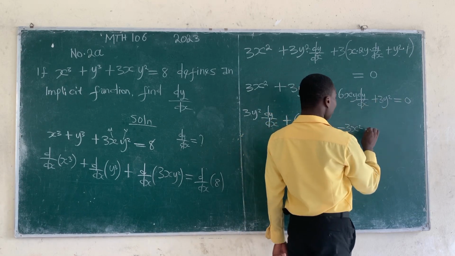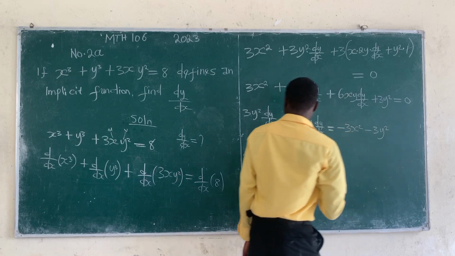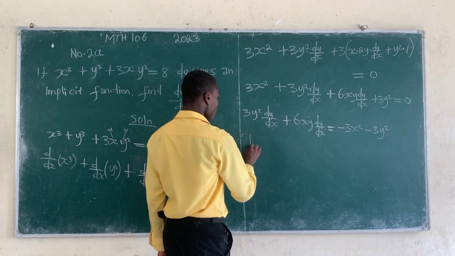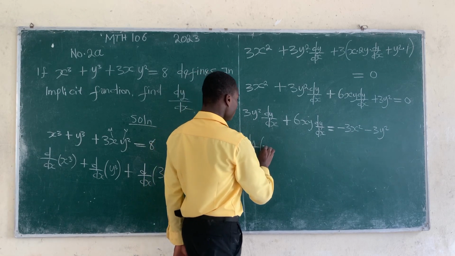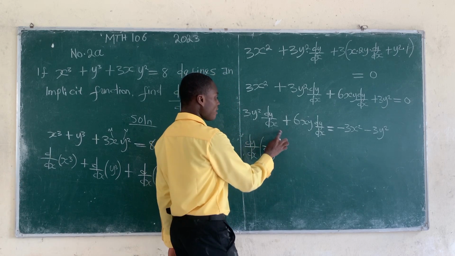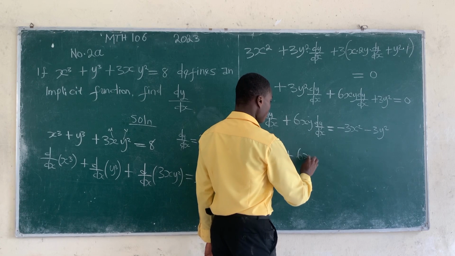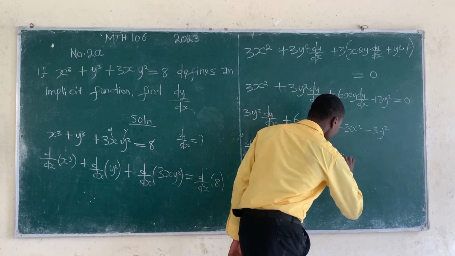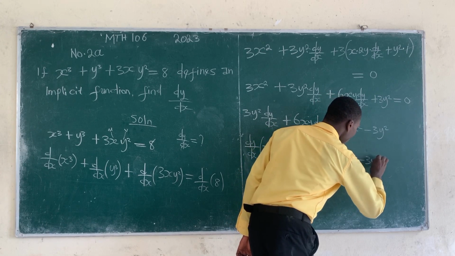Also, if this comes over, it becomes minus 3y square. But we are looking for dy dx, so we can easily factor out dy dx so that we have dy dx into 3y square, because if you use this to multiply this, you have this back, plus 6xy, and this is equal to minus 3x square minus 3y square.